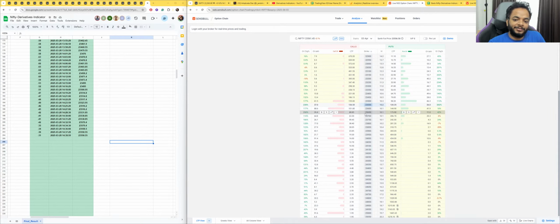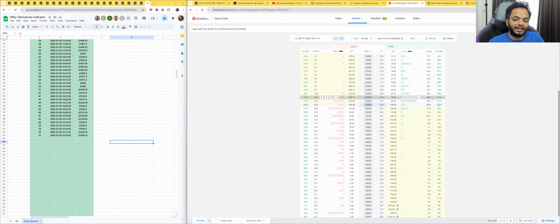Suppose the market is at 23,600 and they're expecting it to fall to 23,400. If I analyze in-the-money options on the put side, sometimes the big guys take ratio trades.